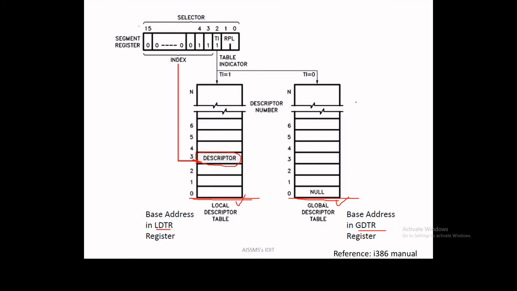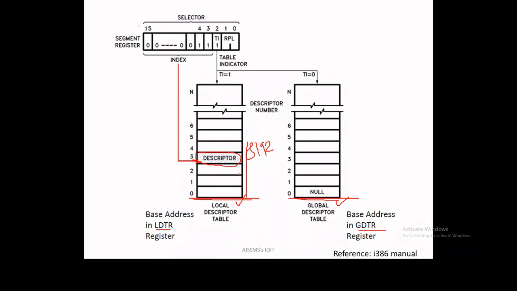Okay, so by this diagram you can remember that there are a maximum of 8192 descriptors that I can save in the descriptor tables. It is not compulsory to have all the descriptors in the descriptor table.